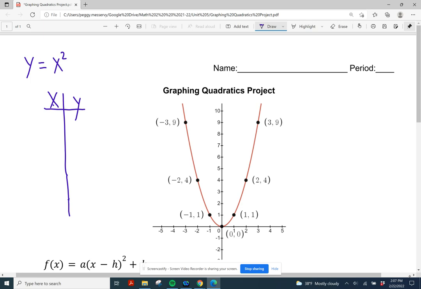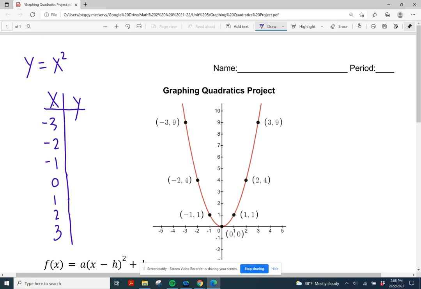So we make a t-chart. We have a column for x and a column for y. And when we're trying to find points that would be on the graph of y equals x squared, typically what I'm going to do is pick some negative values of x, put in 0, and put in some positive values of x.